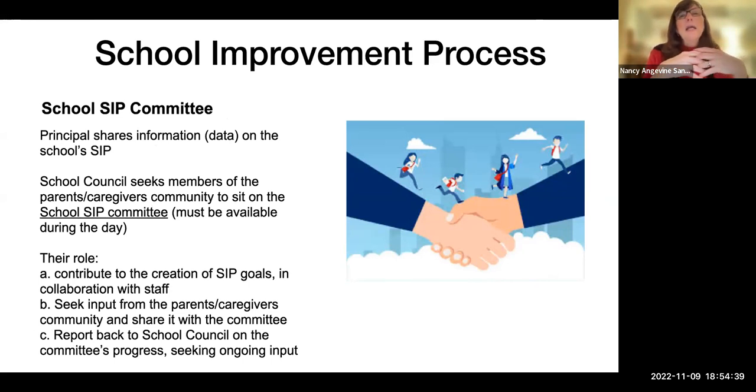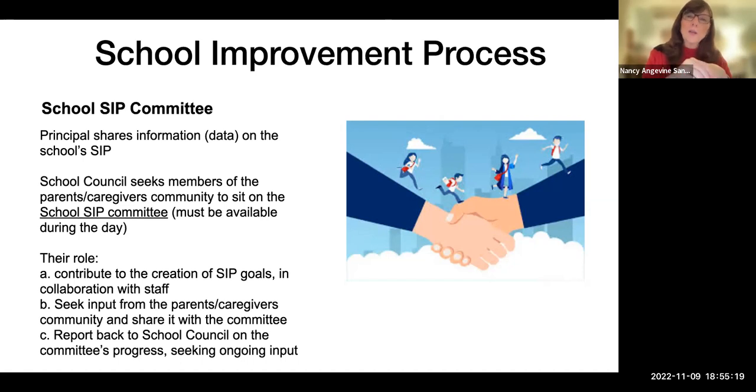In this avenue, the school council would appoint members of the parent and caregiver community to join the school's SIP committee on an ongoing basis, sharing data and contributing ideas in the creation of the SIP. To begin, the principal would share the data on the school SIP with the school council, with the parents, just to let interested parents know this is where we stand right now.